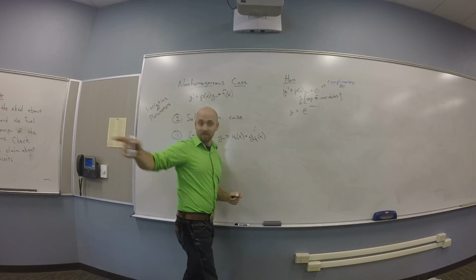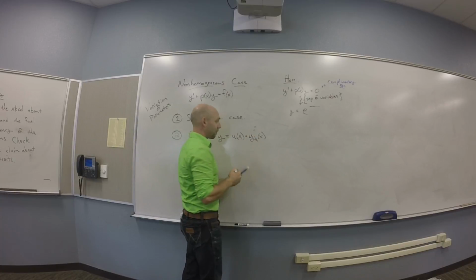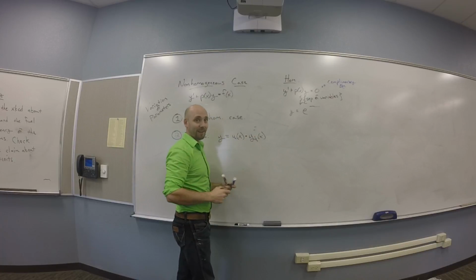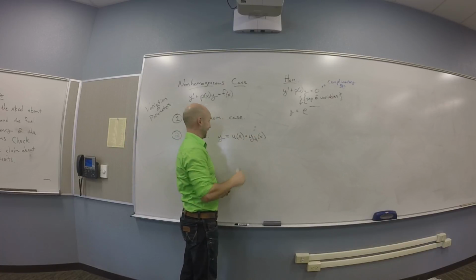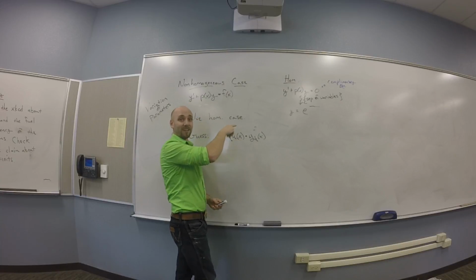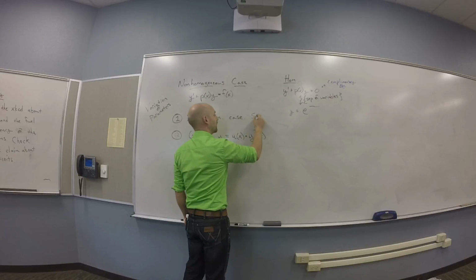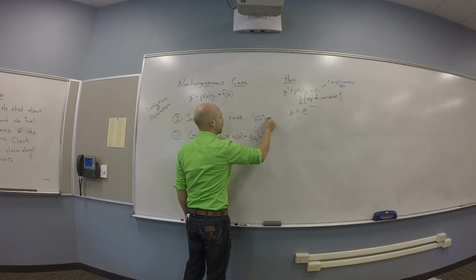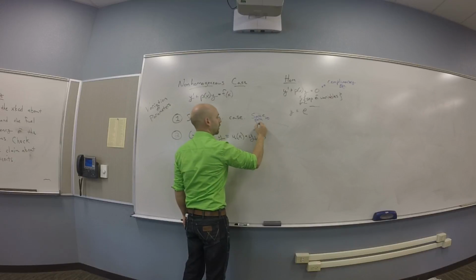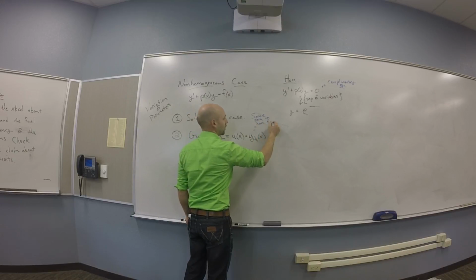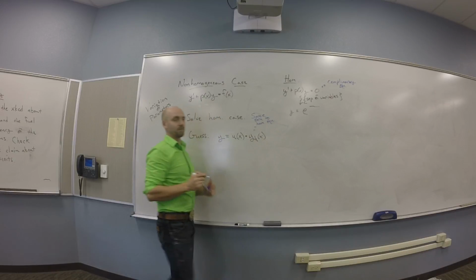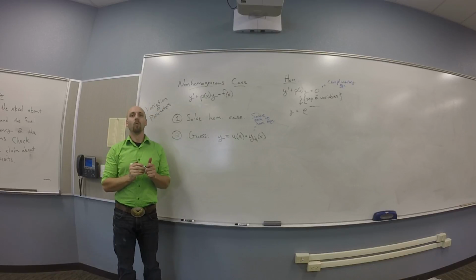The homogeneous one. Yeah, it's probably something to do with the homogeneous one, right? That's why you solve the homogeneous case first, right? So this guy is some solution to the homogeneous equation. Cool?